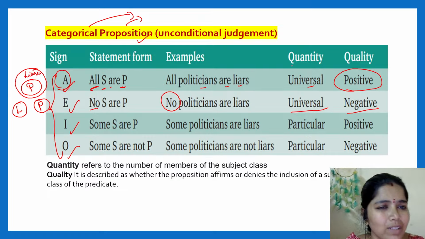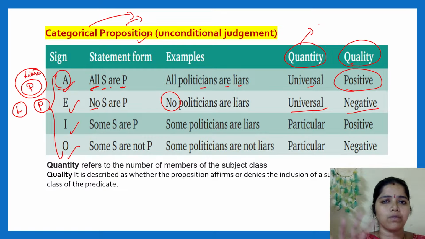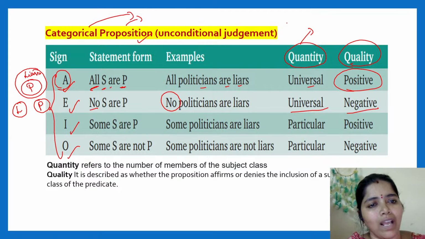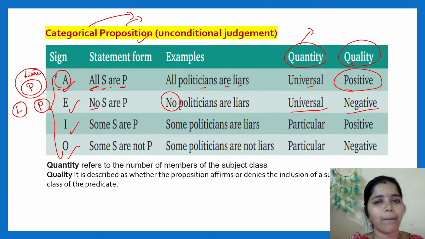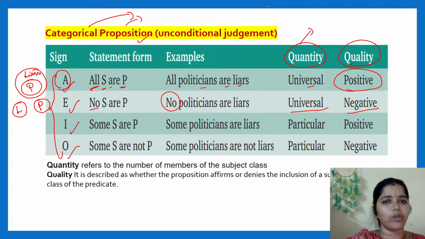What is quantity and what is quality? When we measure something in terms of figures, we say it's quantity. Universal means all, everyone in this universe. Particular means specifically, like when I talk about me, I am only one person.